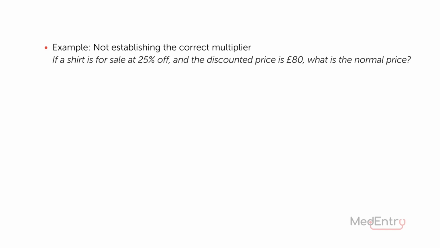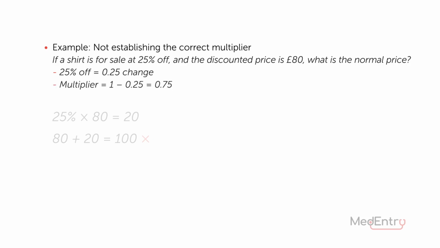If a shirt is for sale at 25% off and the discounted price is £80, what is the normal price? A common mistake would be to calculate 25% of £80, which is £20, and add it to the sale price of £80 to get £100. However, this is incorrect. Instead, first work out our multiplier. 25% off means that the percentage change is 0.25.